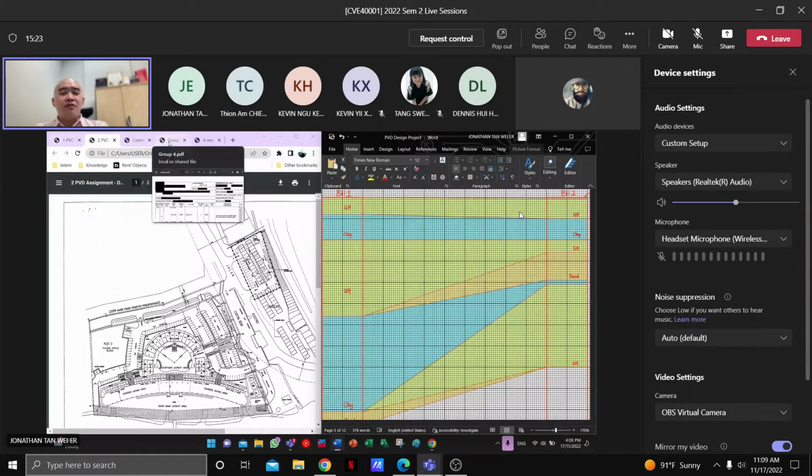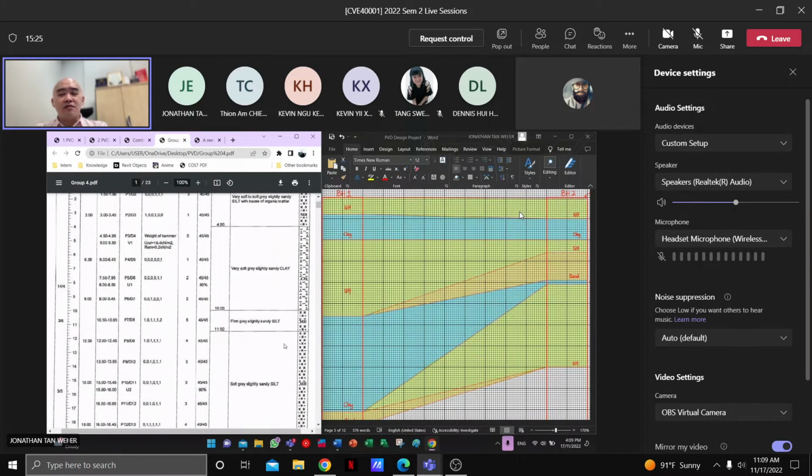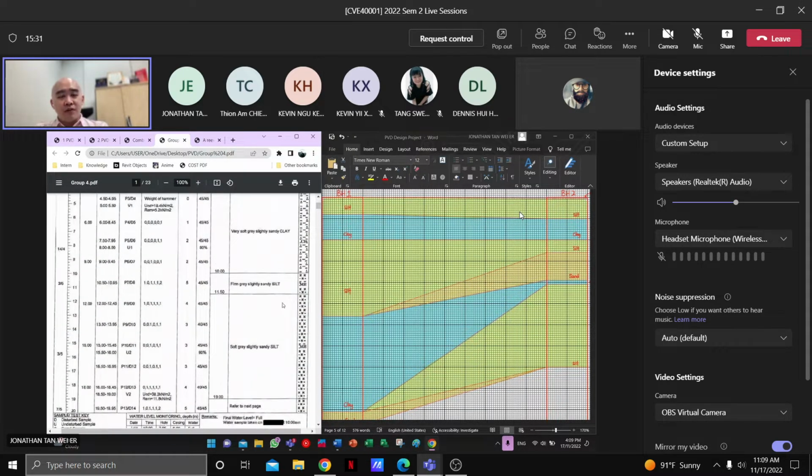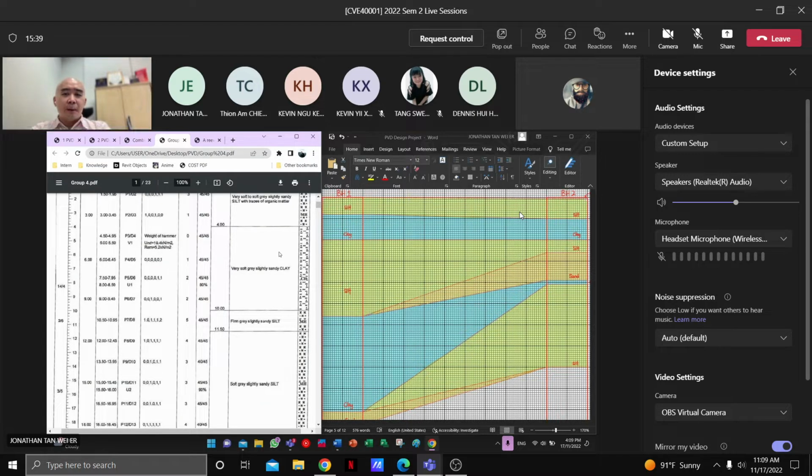Your cross-section shouldn't just show the different soil types. It should show the different consistency, like whether it's very soft, soft, firm, stiff, or hard. It's not enough to show only the soil type.